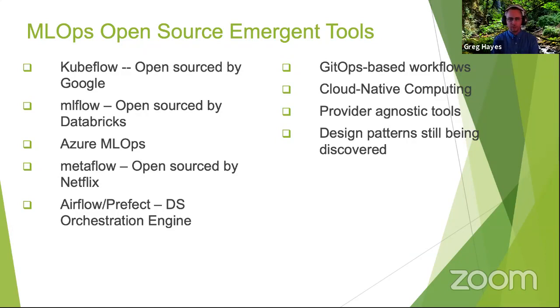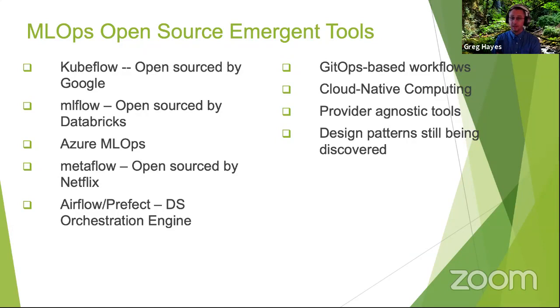MLflow was open sourced by Databricks. Azure MLOps is open source and allows you to leverage Azure machine learning tools to log and version models and to target compute resources. In the last 6 to 9 months, I think, Netflix open sourced their data science collaboration platform, which is Metaflow. And then Airflow and Prefect are data science orchestration engines.